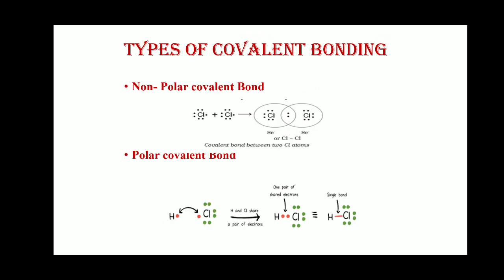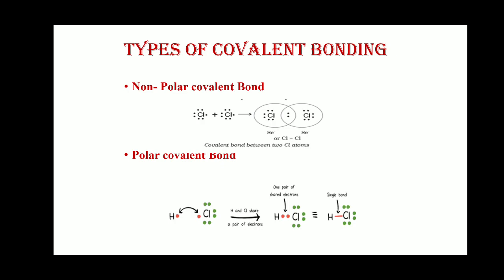Now next is the types of covalent bonding. There are two types of covalent bonding, that is a non-polar covalent bond and a polar covalent bond. Now what do you mean by non-polar covalent bond and polar covalent bond? A type of covalent bond between two atoms in which electrons are shared equally is known as a non-polar covalent bond.